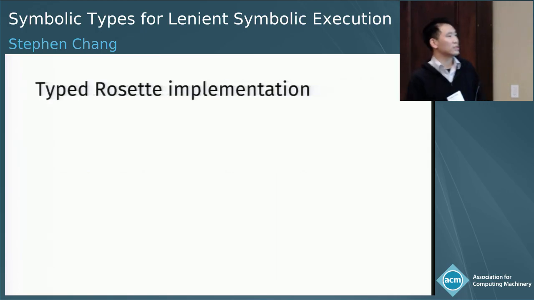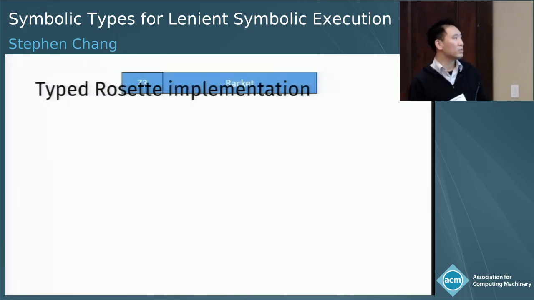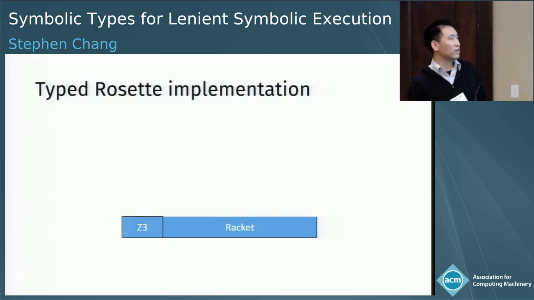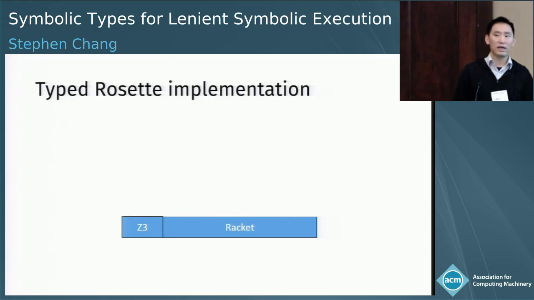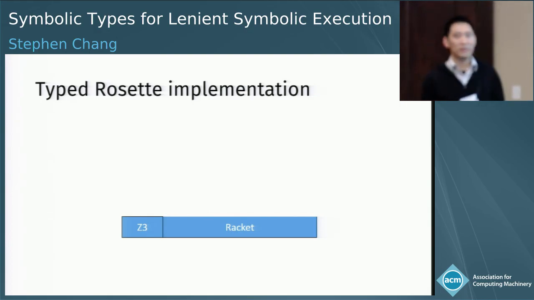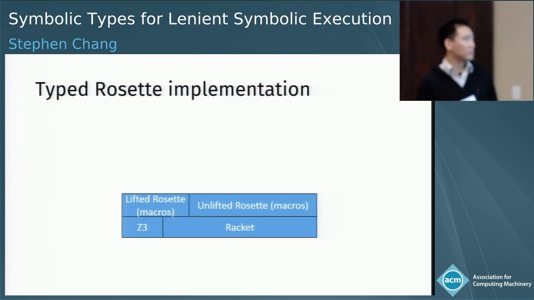Okay, so very briefly, I'd just like to talk about the implementation of Typed Rosette. Typed Rosette is implemented as a series of abstraction layers. So at the bottom is Racket, as well as the solver. Rosette uses Z3 by default. And then on top of that, Rosette is implemented as language extensions of Racket.